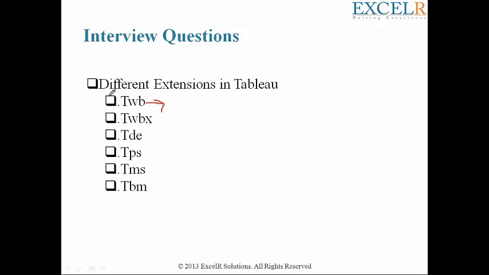TWB and TWBX are the Tableau files which are used in your day-to-day life. The moment you save any of your work, you have to save your file in either TWB or TWBX. TWB stands for Tableau Workbook and TWBX stands for Tableau Packaged Workbook.